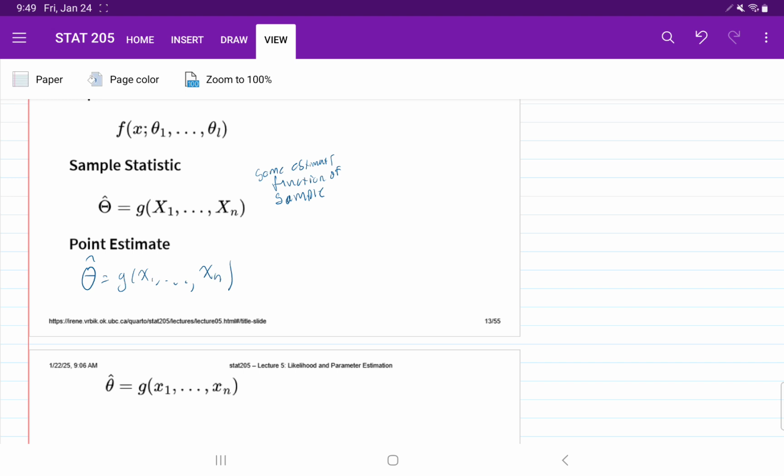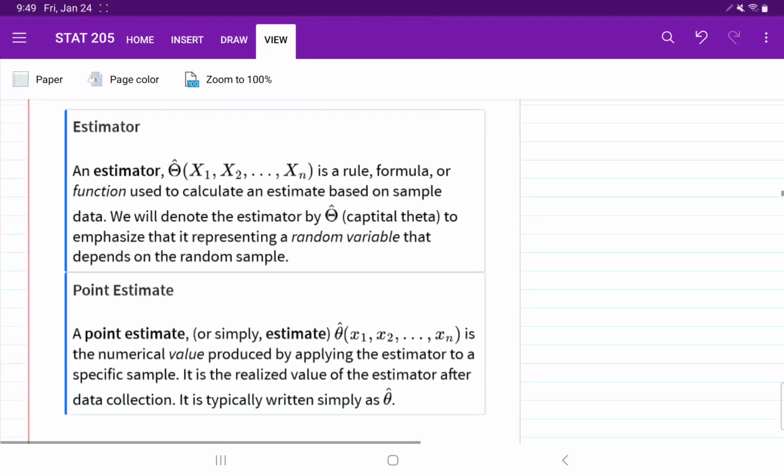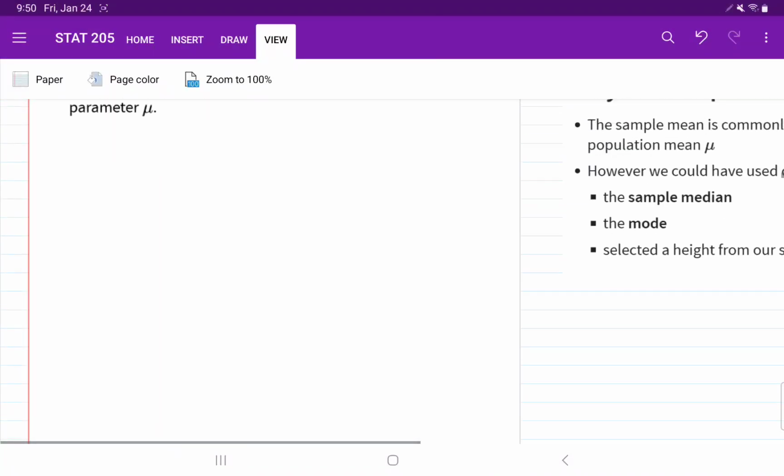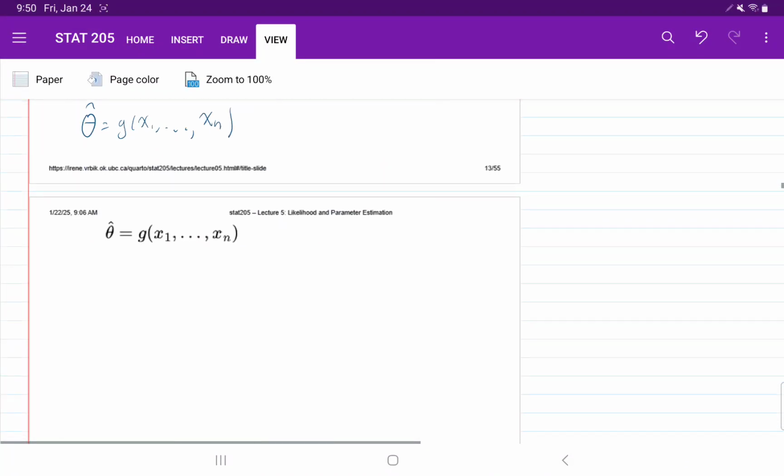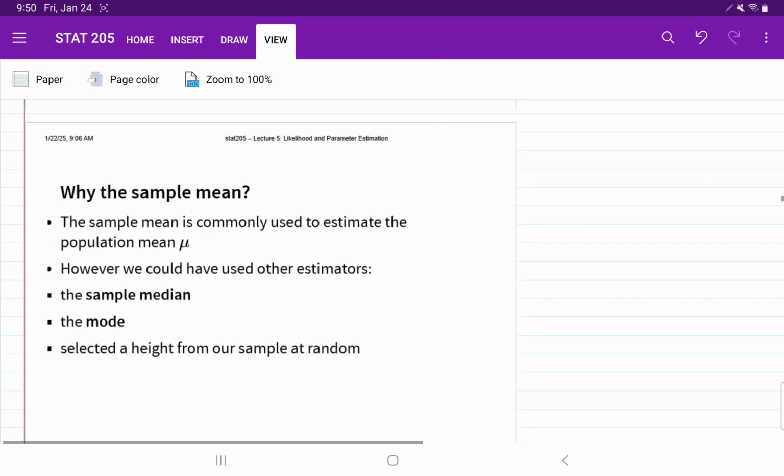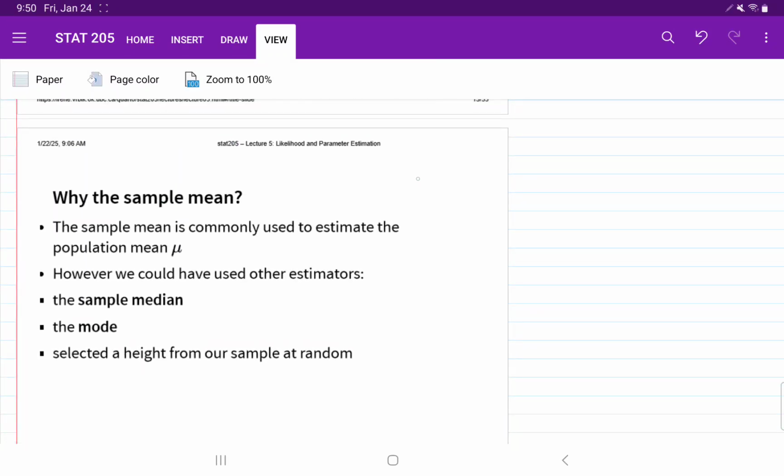I could have used the sample median. I could have used the mode of the empirical distribution. I could have just selected a height at random from my sample and said, I'm going to use this as my guess for mu. So there's a bunch of different estimates we could achieve from a sample. So what makes the sample mean so special? Why is it the one that we use? Why is it a reasonable guess for our mu?